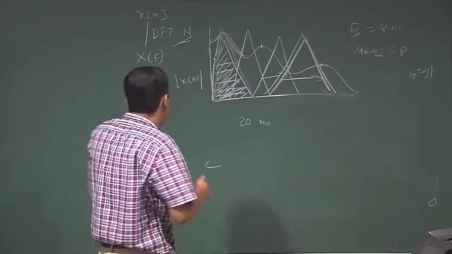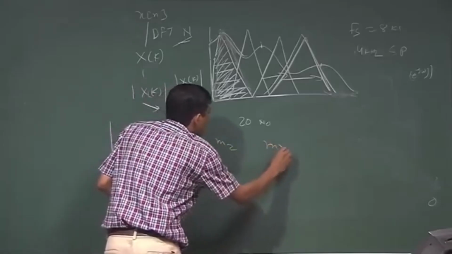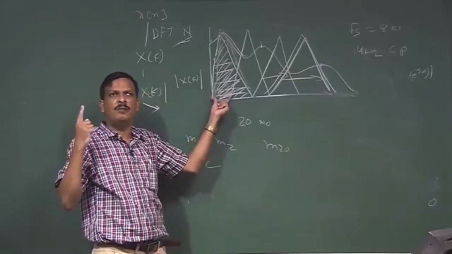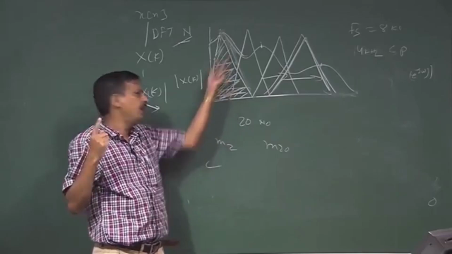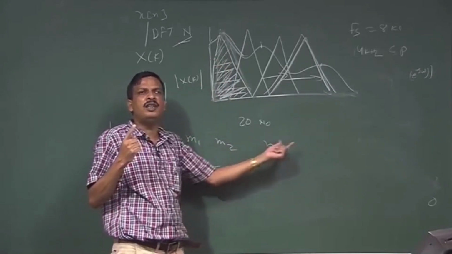And so, I can get M1, M2 up to M20, because every filter gives me a single bandwidth. So, every filter has a single bandwidth, which is M1, M2, M3, M4.